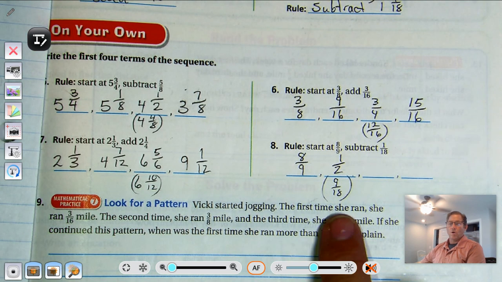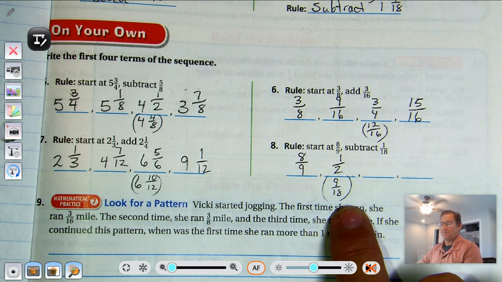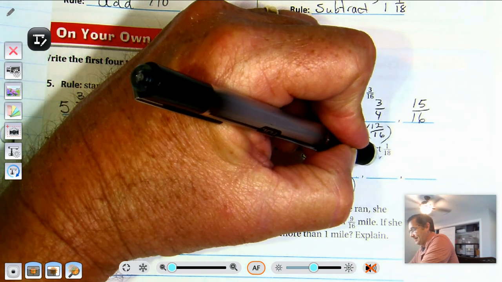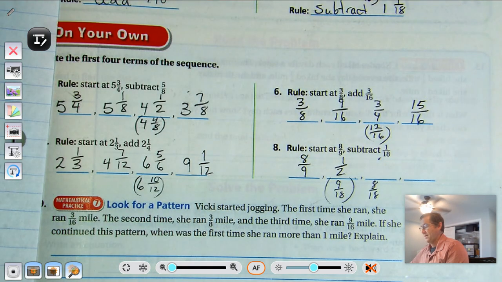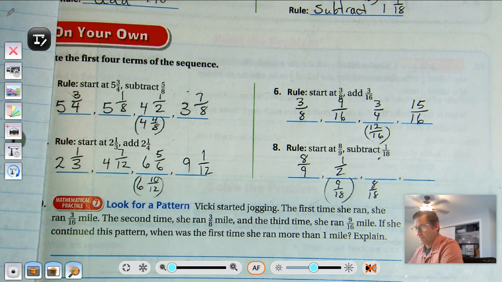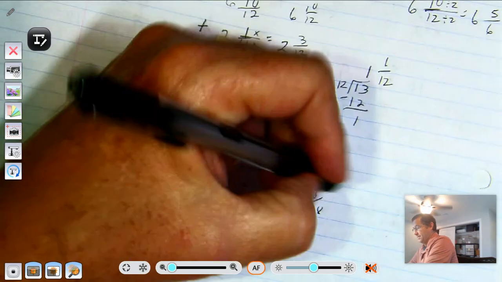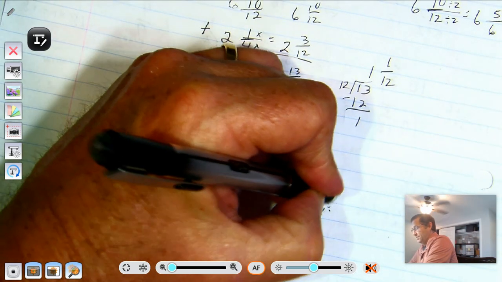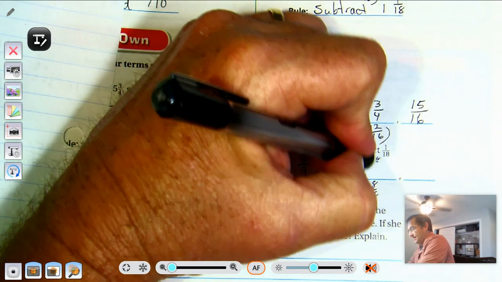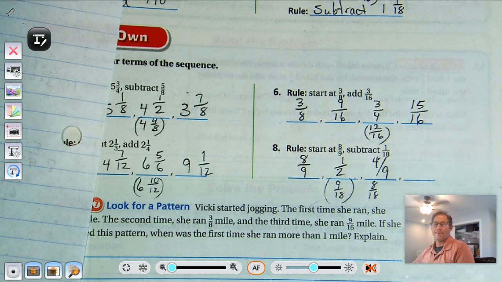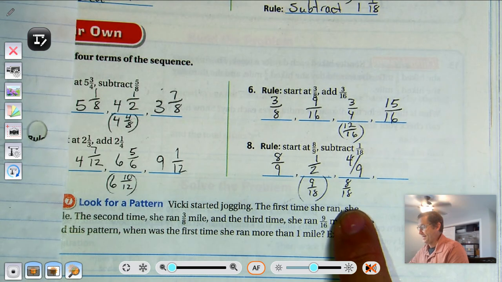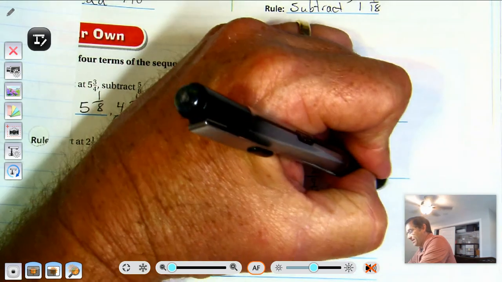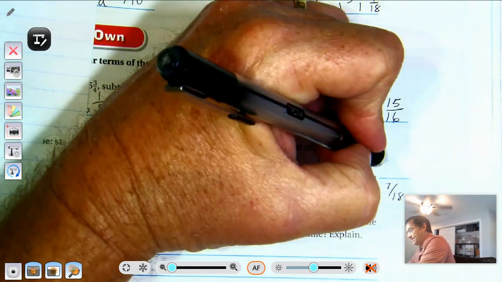If we subtract 1/18 from 9/18, that would be 8/18. And if we reduce 8/18, I can divide that by 2 and I get 4/9. And if I take 8/18 and subtract 1/18, I would have 7/18.